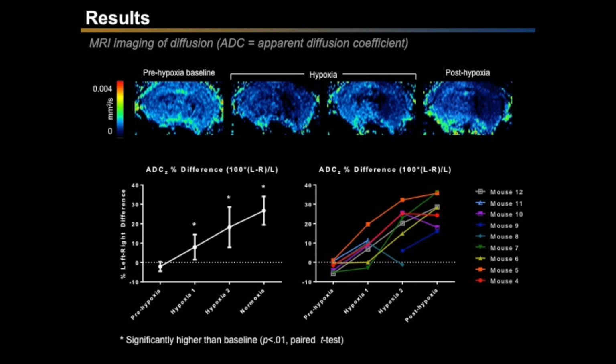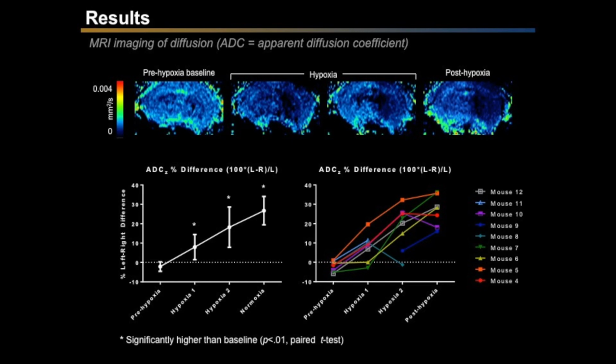And then now some results from the MR imaging. These are ADC maps of the apparent diffusion coefficient. The lower on the color scale, the lower the diffusion, which is an indicator of cytotoxic edema, which is a hallmark of early stroke.